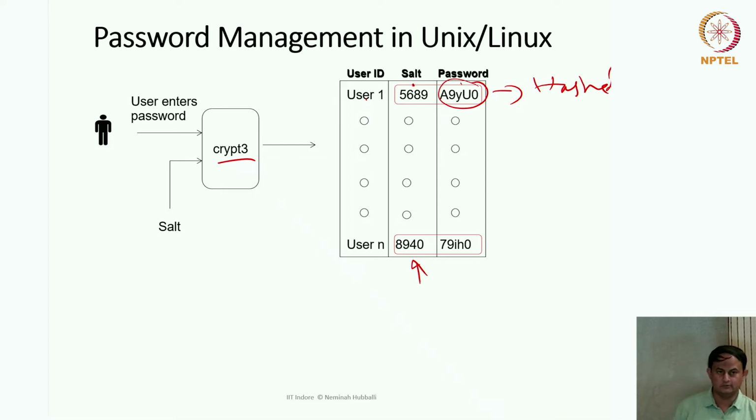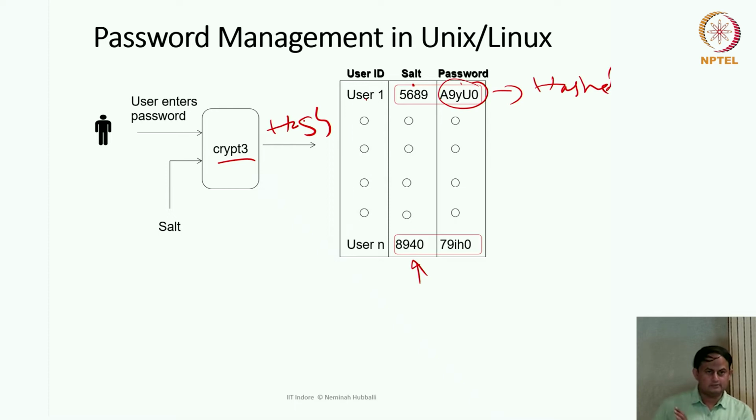This is the third version of crypt, which takes the salt and the password as input. Some operation is done inside, and then a hash value is generated. You take this hash value and check it against whatever is stored in the corresponding place for that username. If these two match, then the user is allowed to log in.